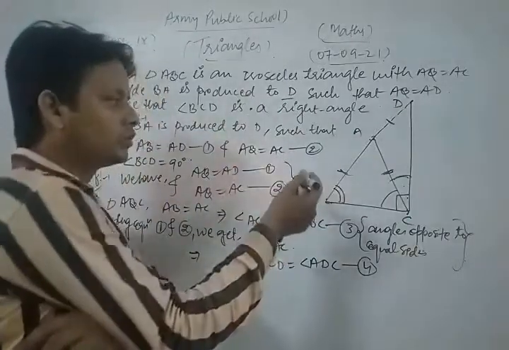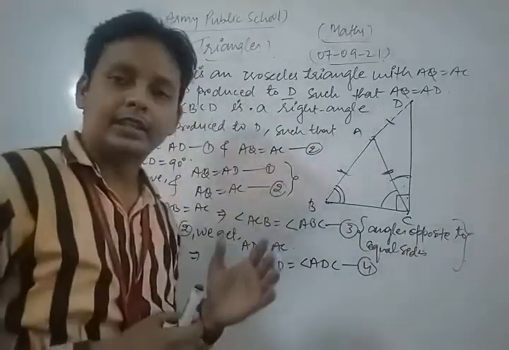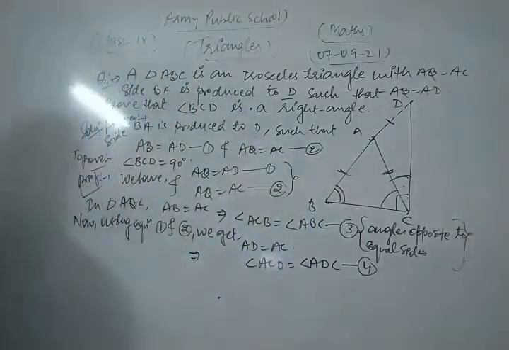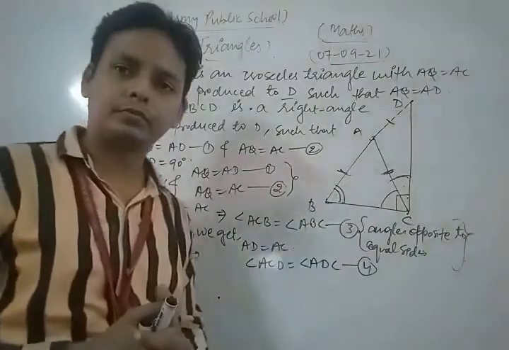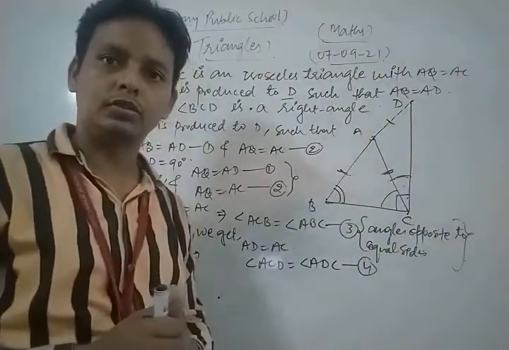So if side AB is equal to side AC, then you know that the angles opposite to equal sides are also equal.